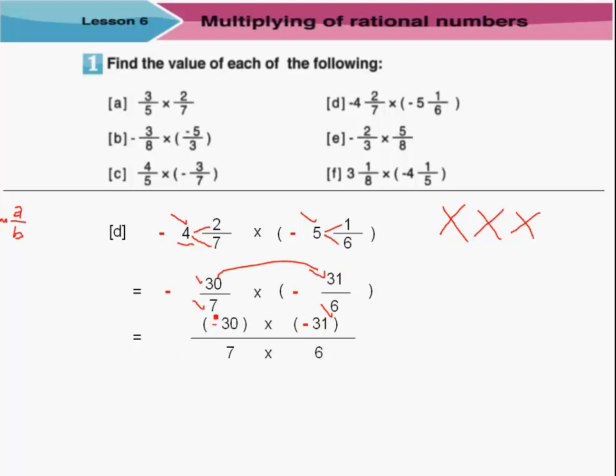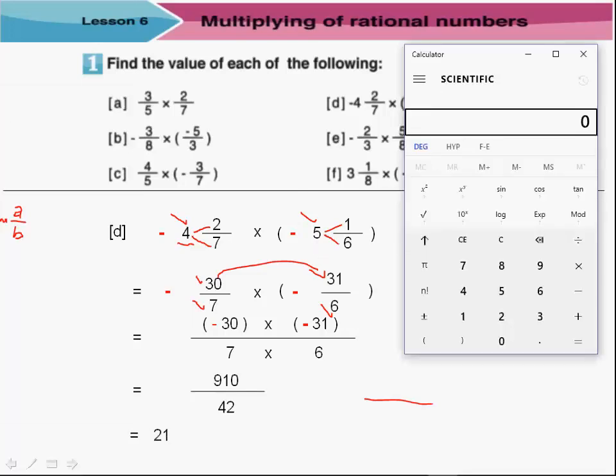We have minus times minus, which is positive. As I told you, we don't write the positive. 30 times 31 is 930 over 7 times 6 is 42. So use the calculator. If you don't have a scientific calculator, I will show you how to get the integer and the remainder.